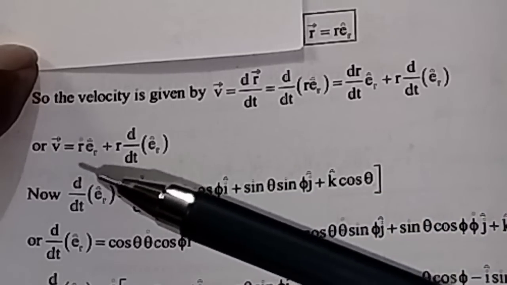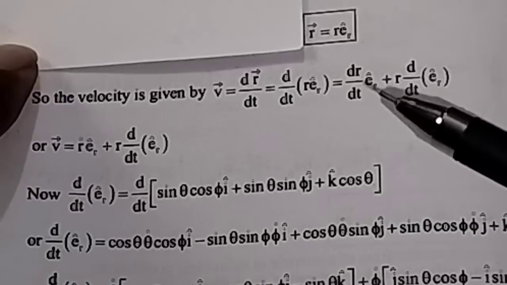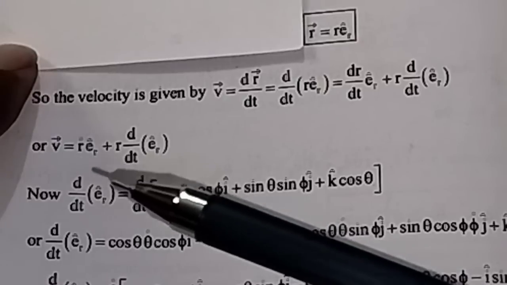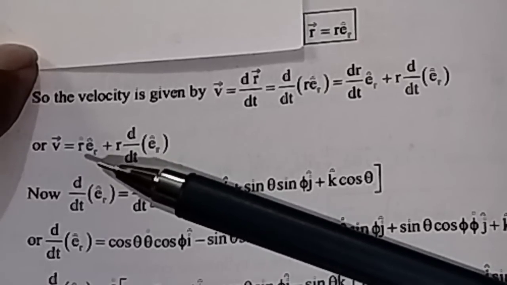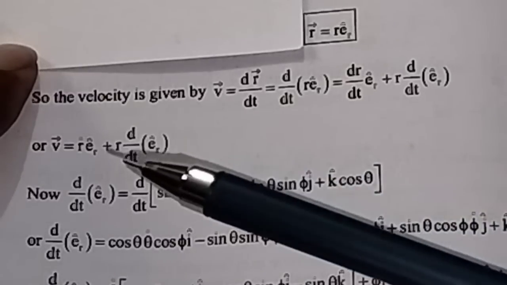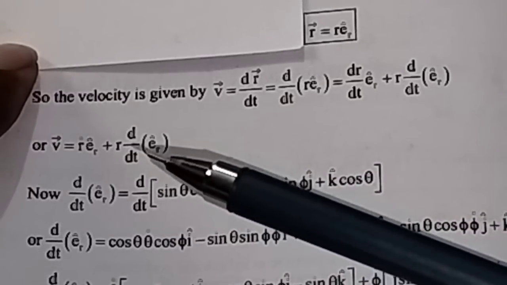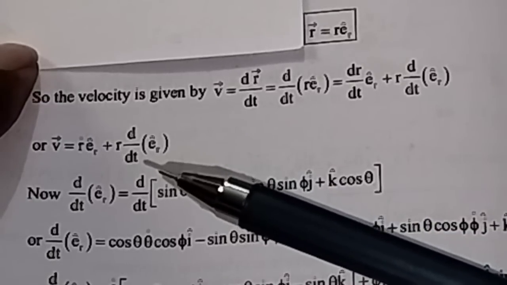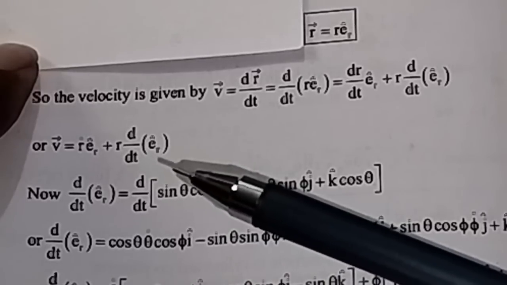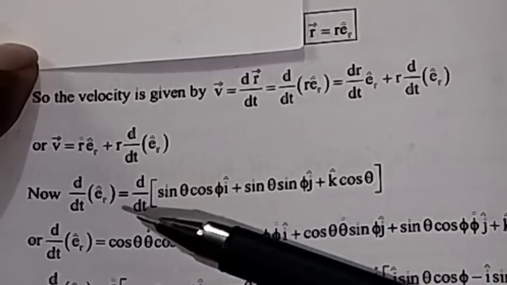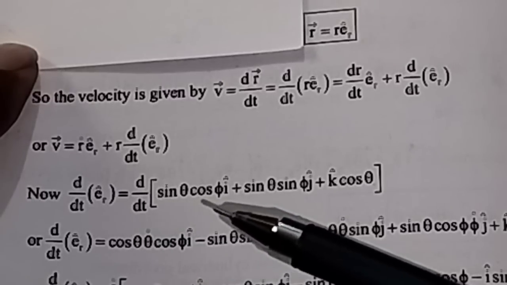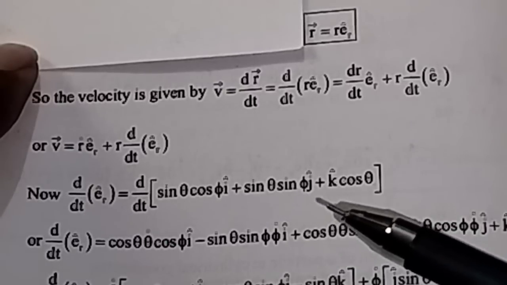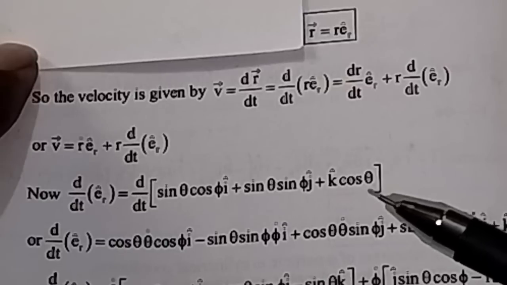So the velocity will be equal to the derivative of r with respect to t, which you can represent as r dot. So r dot e r cap, plus r into derivative of the unit vector e r cap with respect to t. In the previous video, we have explained how e r cap vector is equal to sin theta cos phi i cap plus sin theta sin phi j cap plus k cap cos theta.